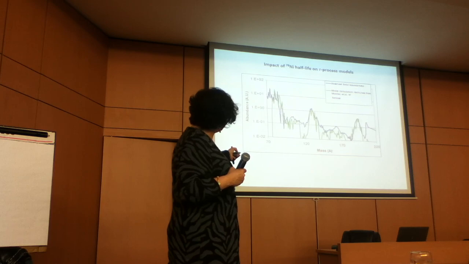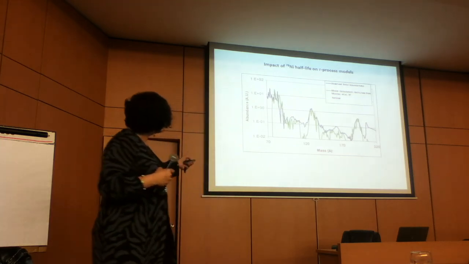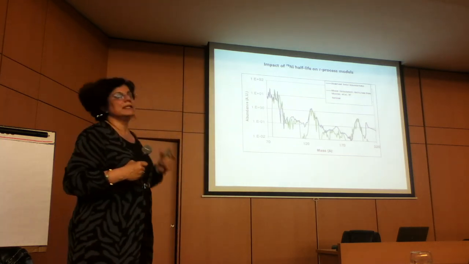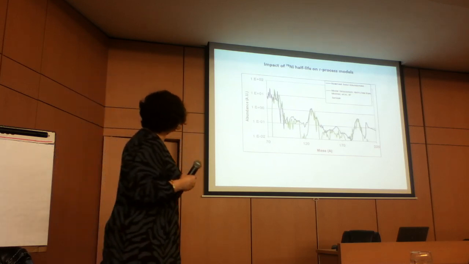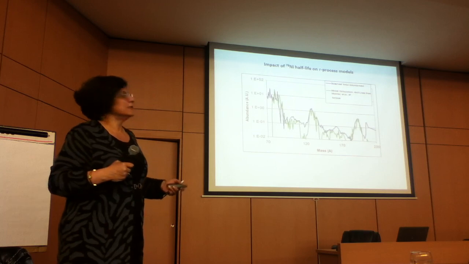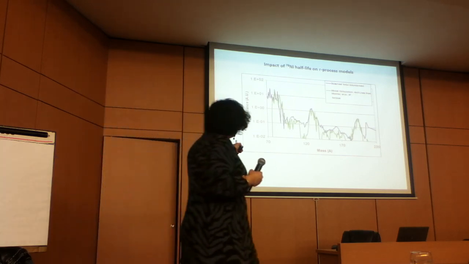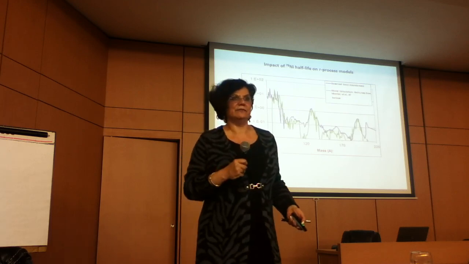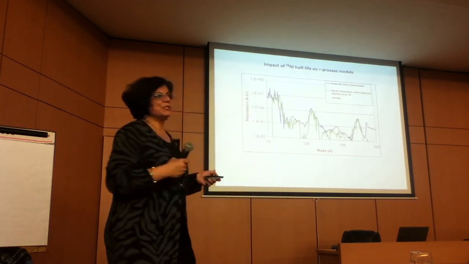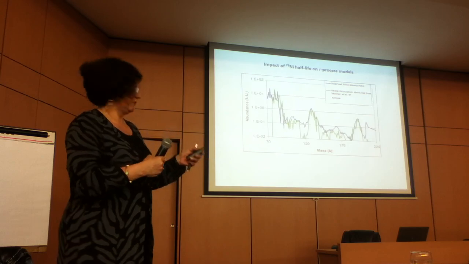The green line shown here is a calculation done with Peter Moller's mass model, FRDM. It takes the theoretical value for the nickel-78 half-life. And now we did one where we just put in the measured value for nickel-78.